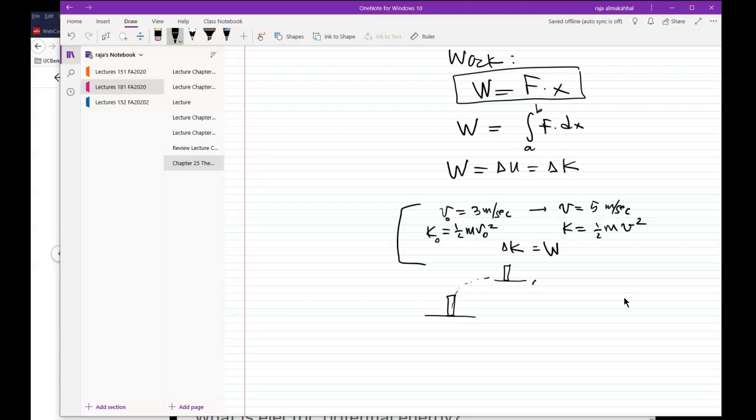It has gone a distance, let's say h. Now here's the table, there are the legs of the table. Let's say that I am measuring everything from the surface of the floor. So the initial height of the book, let's call it h1. Let me call the new height here h2.